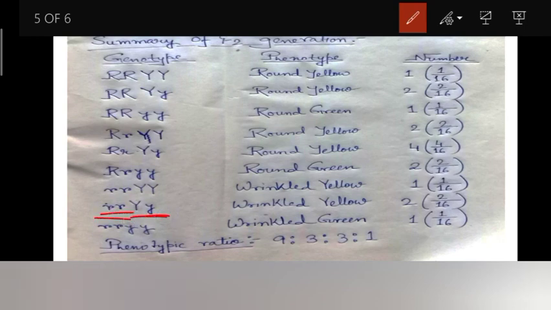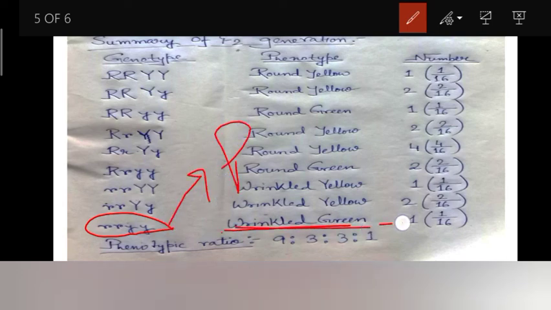Small r, big Y, small y gives wrinkled and yellow color, which is similar as above, but genotypically is not same, it's different, and it gives 2 out of 16. And the last one is small r and small y, which is the homozygous character present in the P generation, which is wrinkled green, and it gives 1 out of 16.